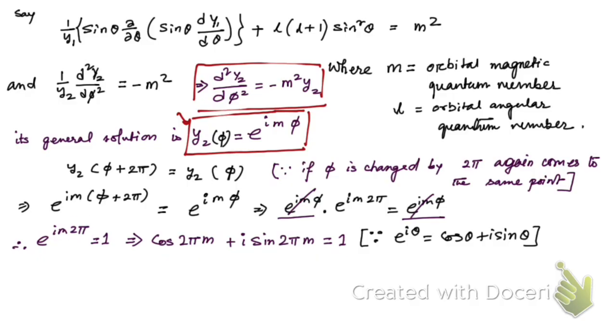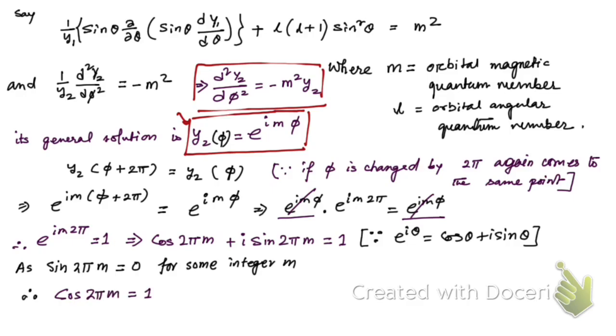And we know sin 2 pi m for integer m is always equal to 0. So first let me write this is equal to 0 for some integer m. That's why we are left with this result.